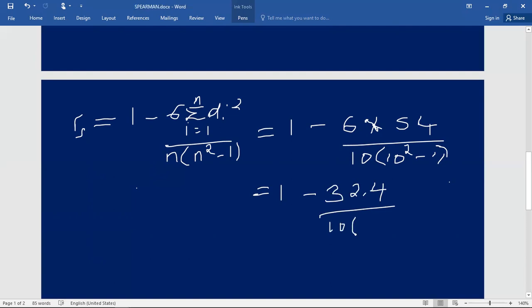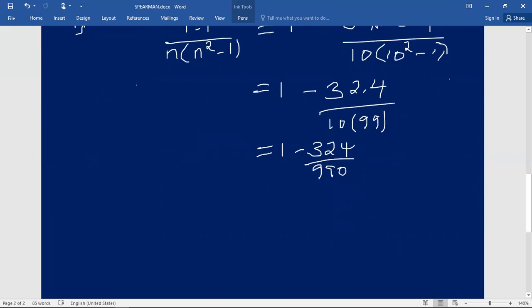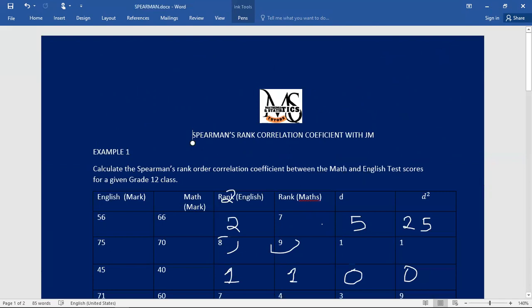Then 10 squared is 100 minus 1, 99, which is 990 there. So it's as good as having 1 minus 324 over 990. And when we do this calculation, we get 0.67. So this is the Spearman's rank correlation coefficient for the scores of math and English tests for a given grade 12 class.